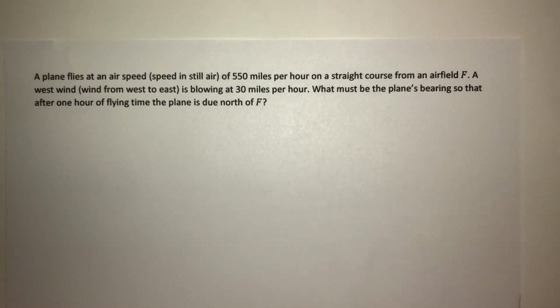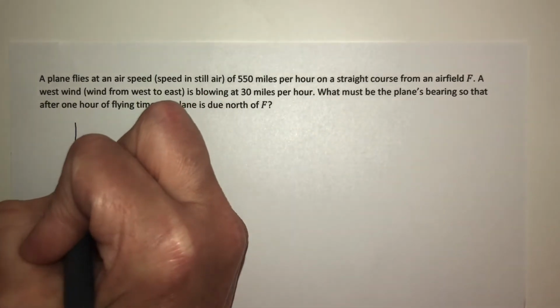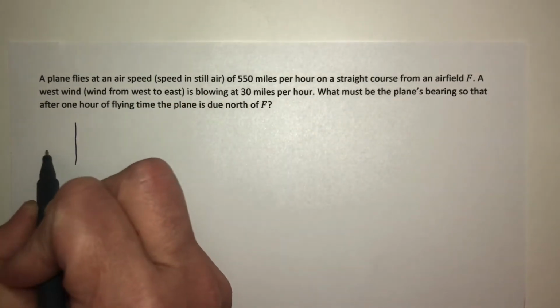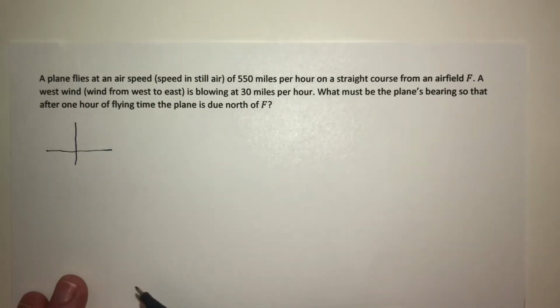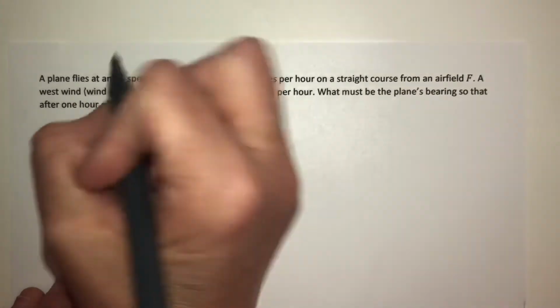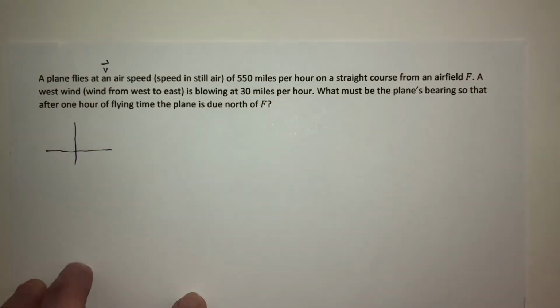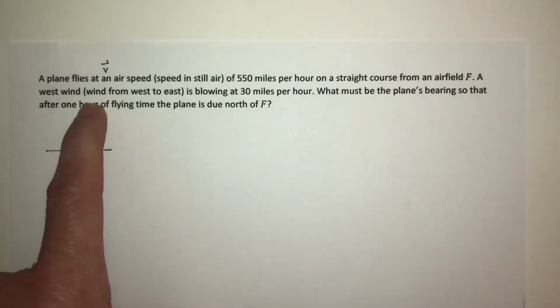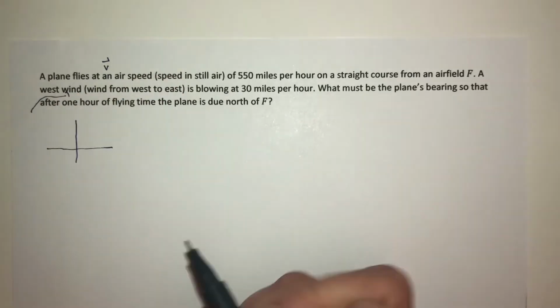So the first thing I want to draw is just a basic coordinate system. And I will have the plane, and we'll call the vector representing the plane my vector v. And the wind, I'm going to call this vector w.